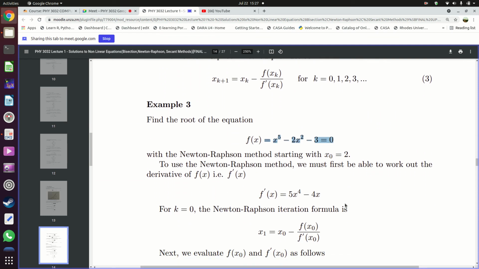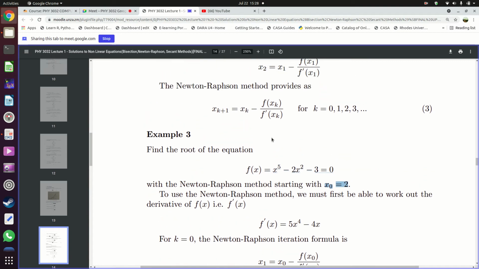Okay, so we are going to start with our x0 at 2, and this is a function. The first thing you need to be aware of about the Newton-Raphson method is that you must be able to work out a derivative for this function. Here, f prime is the derivative.